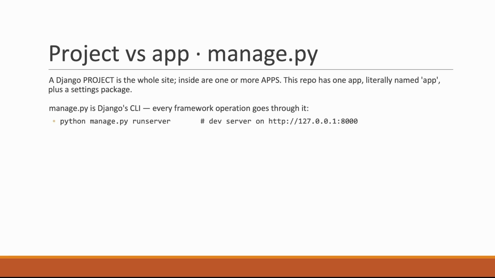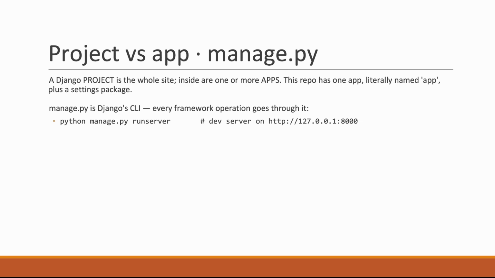So python manage.py runserver is going to launch the web app over the browser, but bear in mind this is not for production. Runserver does not handle multiple requests efficiently. This is only for development purposes.